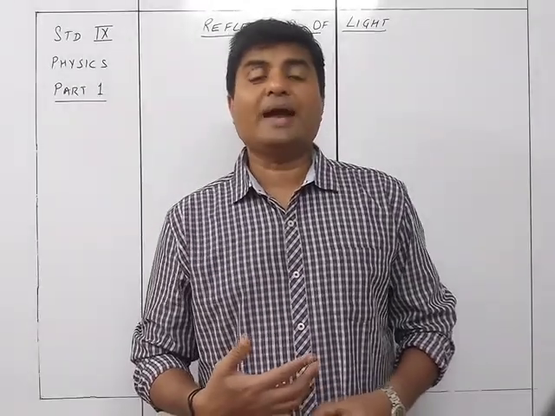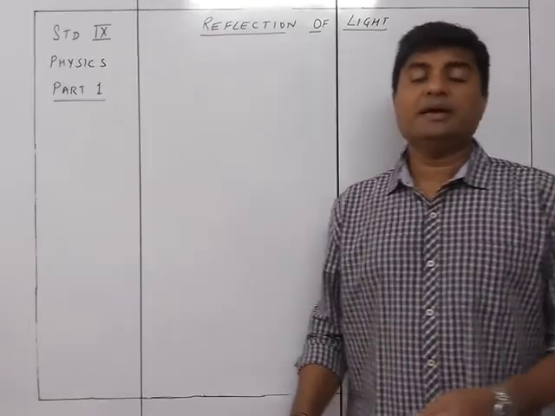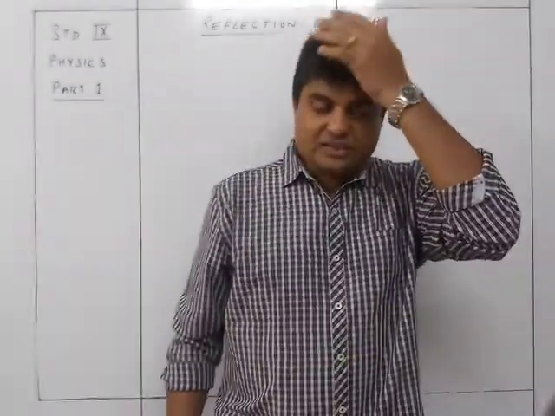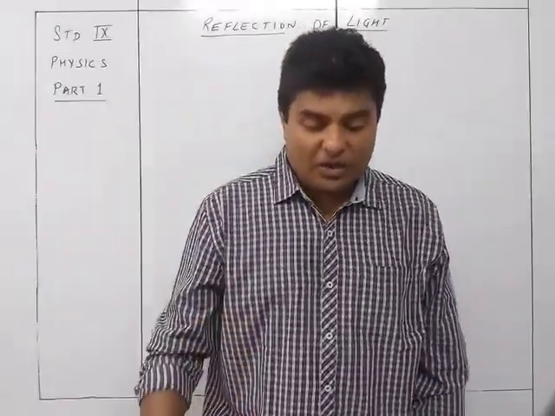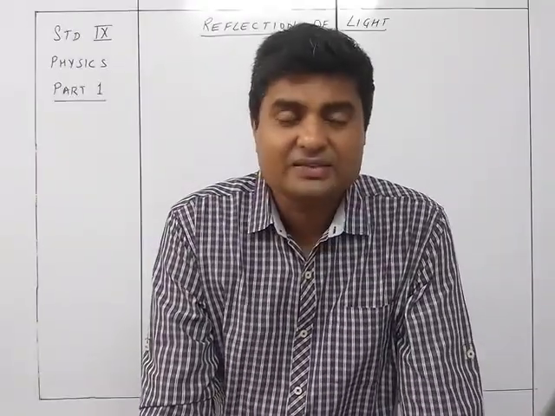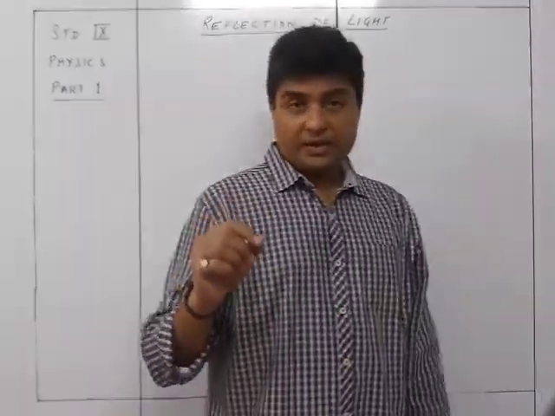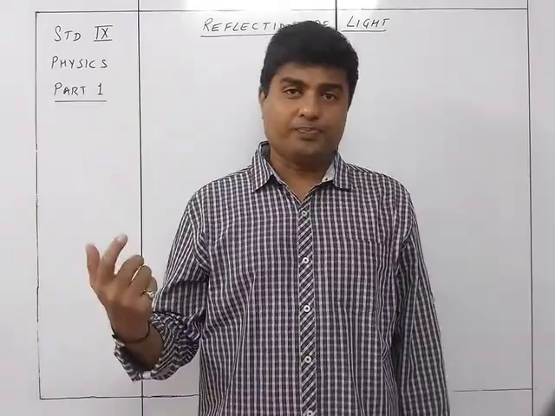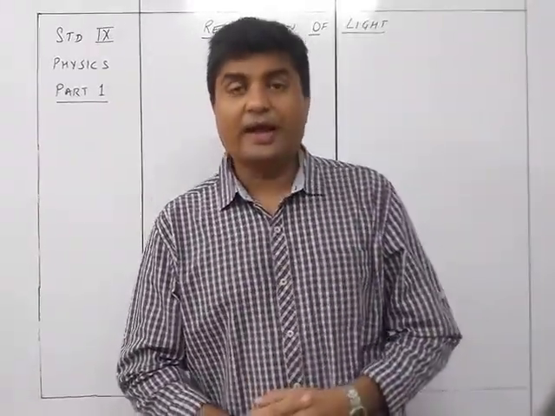When the light hits the surface and returns in the same medium, it's called reflection. Thus, we can define reflection as the return of light into the same medium after striking a surface.